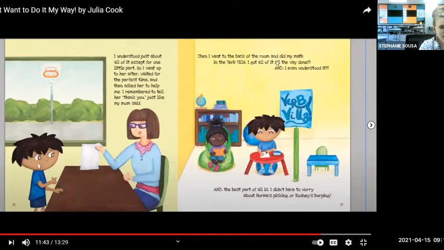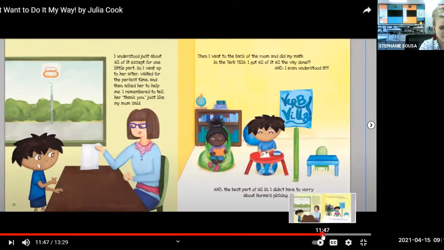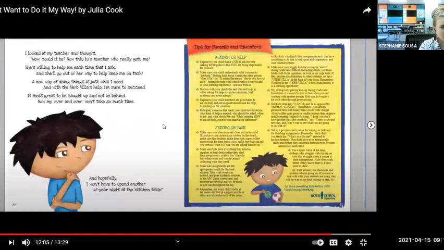Then I went to the back of the room and did my math in the Verb Villa, and I got all of it all the way done. And I even understood it. And the best part of all is I didn't have to worry about Norma's picking or Rodney's burping. I looked at my teacher and thought, wow, could it be? This is a teacher who really gets me.